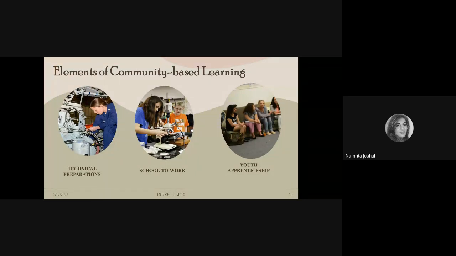Say, for example, they want to work in a lab. They should ensure that there is some equipment in the school to help them understand how the lab works. Then the youth apprenticeship, so they understand how the apprenticeship works, what they need to do, and how they need to collaborate.